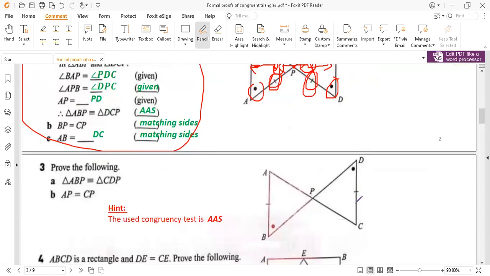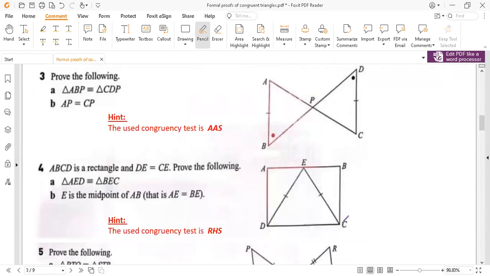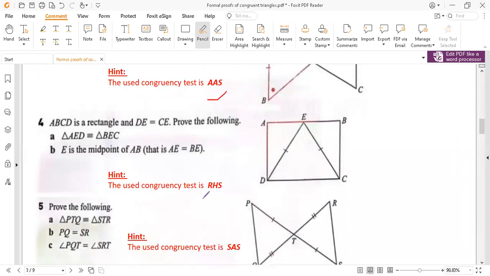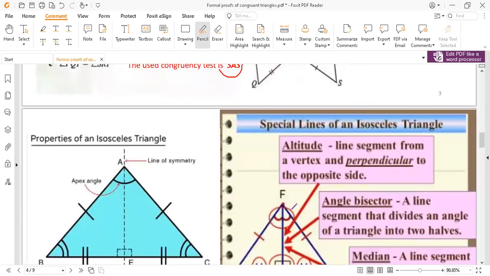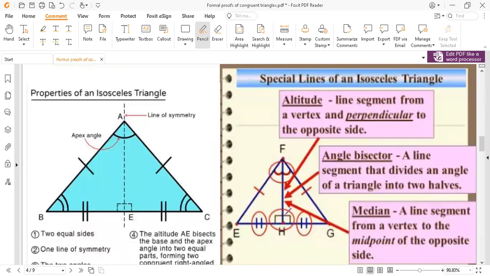In the same way, I indicated here a hint on which test to use in each case of these triangles. And because we are talking about geometric analysis, we need to know the properties of some particular triangles, like the isosceles triangle.